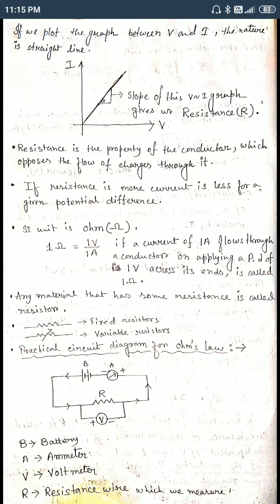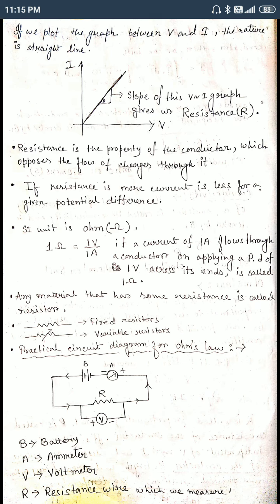Clear? Okay. And this is the symbol of resistance, fixed resistance, and another one is a variable resistance. It is called a rheostat. And here I will draw the practical circuit diagram. This circuit diagram you used in practical class. With respect to this diagram, you connect all the electrical components with the connecting wires.